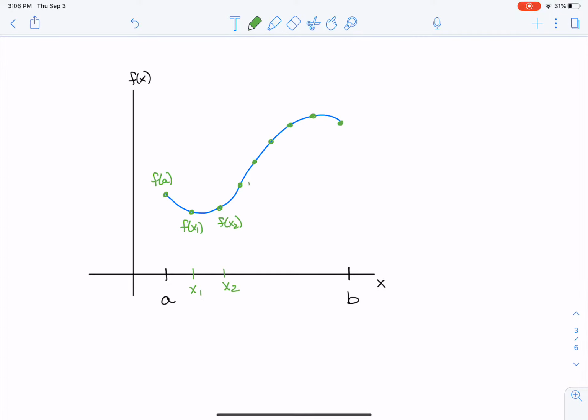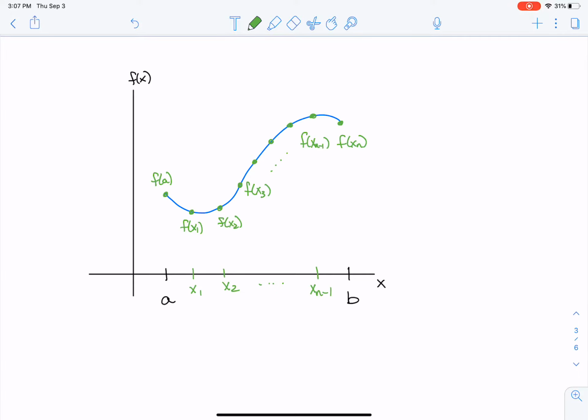This one would be f of x3. And then I could continue along to f of xn minus 1 and f of xn, or f of b if you like. And maybe I could find the average of those values that represent the function.